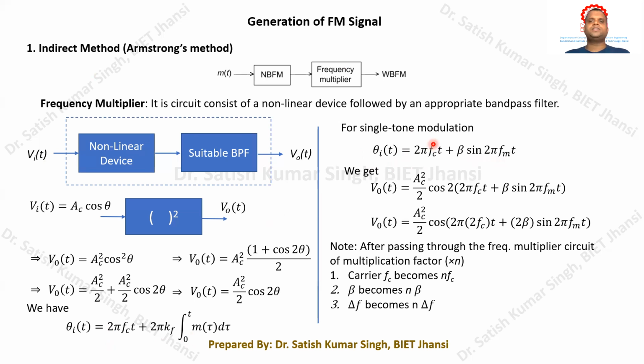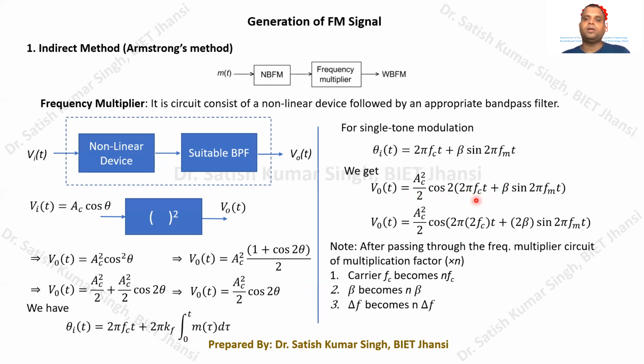Now try to replace this theta here in this equation. Suppose theta equals theta i(t), defined as 2 pi fc t plus beta sine 2 pi fm t. If you substitute here, we get AC square by 2 cos of (2 pi fc t plus beta sine 2 pi fm t).